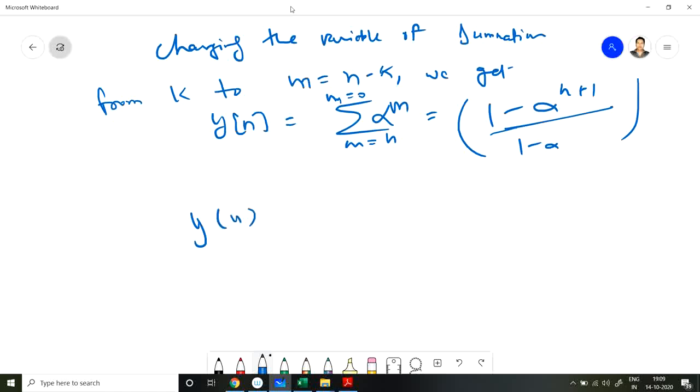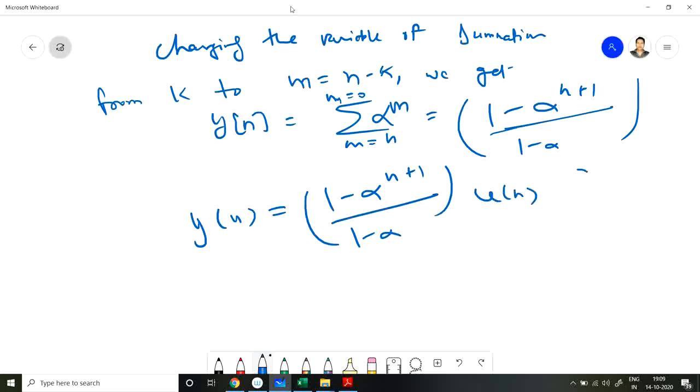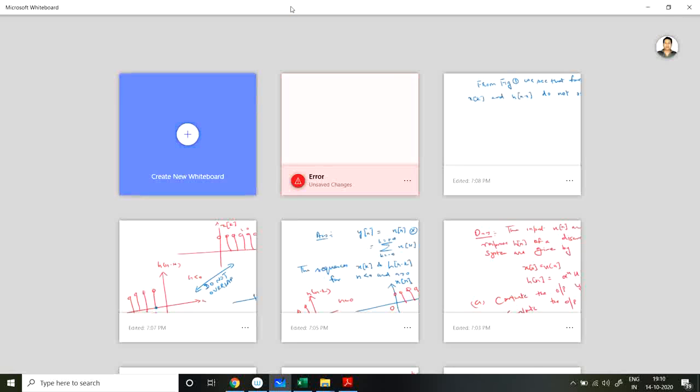So finally y[n] is 1 minus alpha raised to the power n plus 1 divided by 1 minus alpha, for n greater than or equal to 0, that is, when we have u[n]. Now let us plot this.